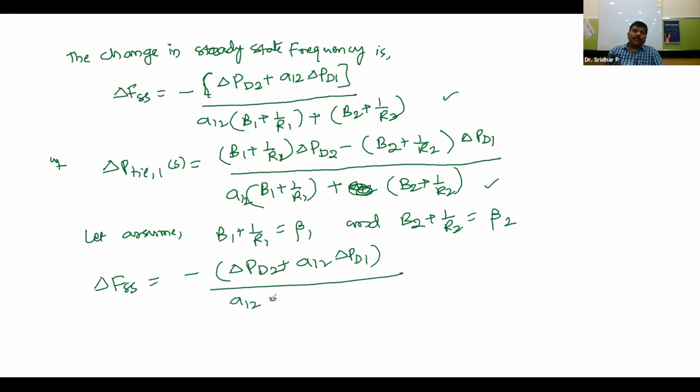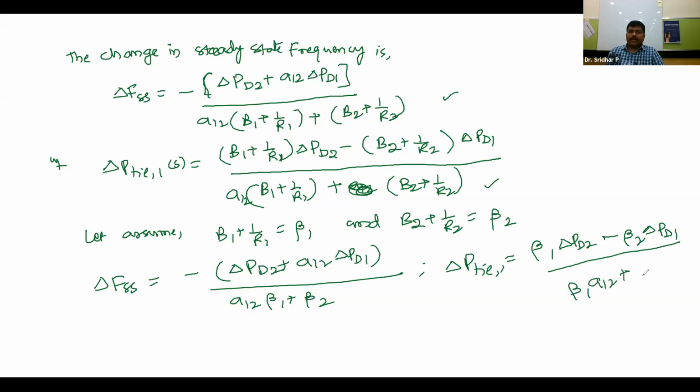A12 beta 1 plus beta 2. And delta P tie 1 is beta 1 into delta PD2 minus beta 2 into delta PD1, divided by beta 1 into A12, the same case, plus beta 2.